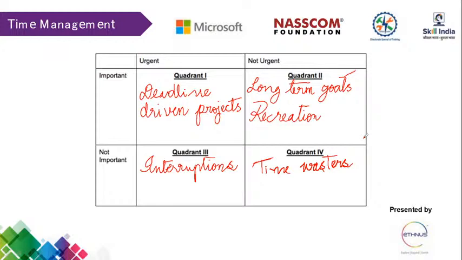And then we learned about deadlines, why deadlines are important, why we need to meet them, and the different ways of meeting them. And then we saw Covey's grid, which will help you understand which task to complete first, and also help in managing time.